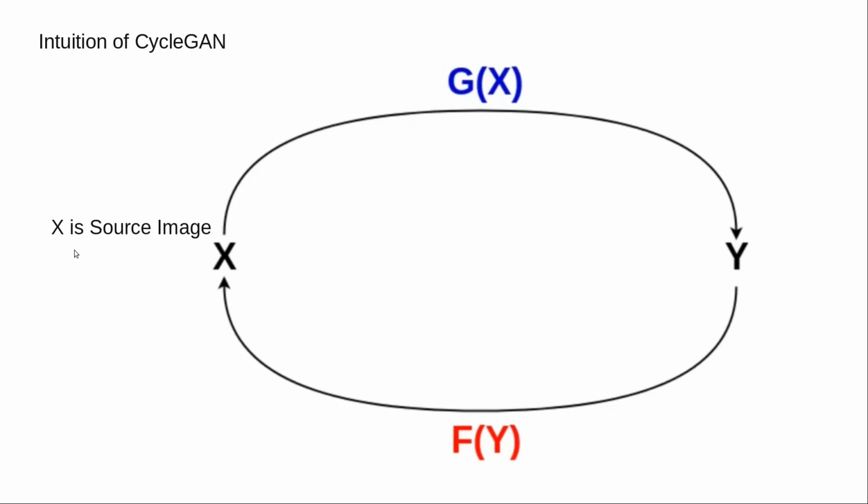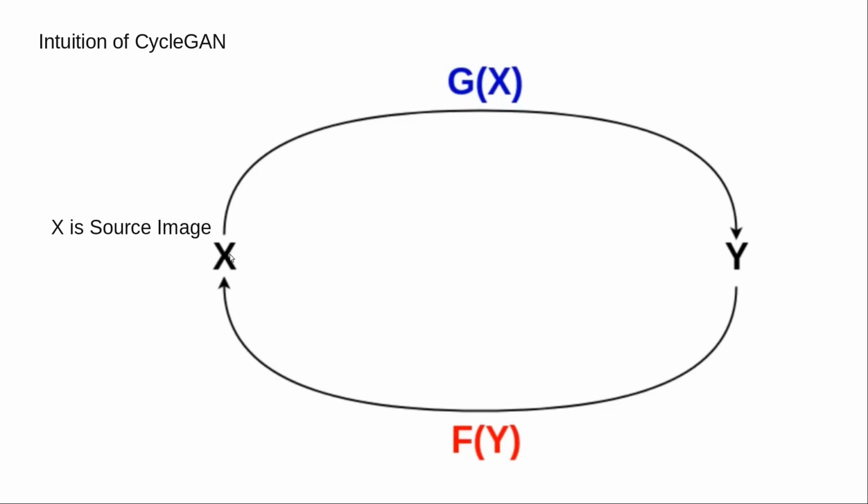I have X as a source image and Y as a target image, and I have one generator G and the second generator F. The first generator, G, takes an image from the first domain, X, as input and outputs images for the second domain, Y. The other generator, F, takes an image from the second domain, Y, as input and generates images for the first domain, that is, the result of F will be X.